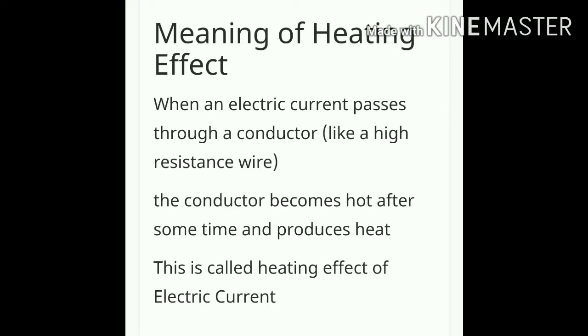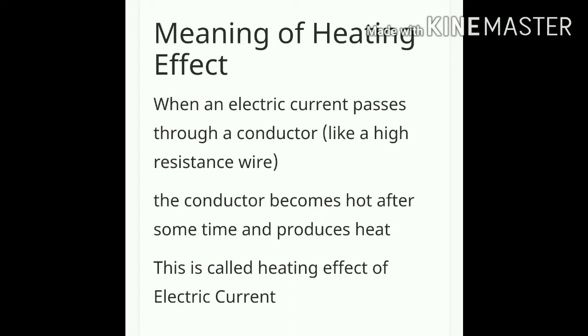First, let us know what is heating effect of electric current. When we look at a room, inside it we can observe basic things like a bulb and a fan. A bulb produces light by converting electric current into heat.